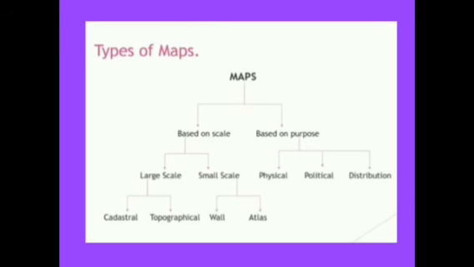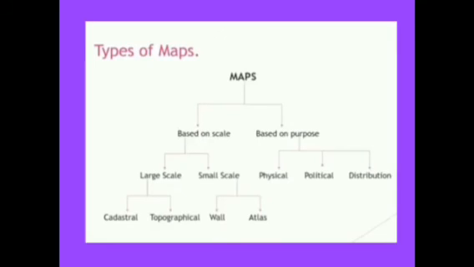Maps based on purpose. They are known as thematic maps and they are of 3 types: physical, political and distribution. Physical maps represent physical features such as mountains, plateaus, plains, rivers, whereas political maps show the political boundaries between states, countries and continents.